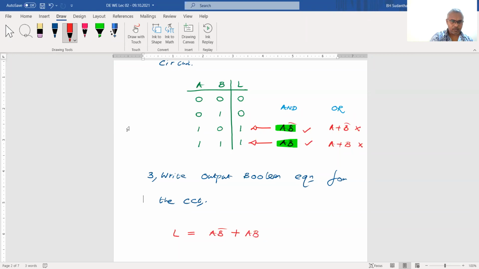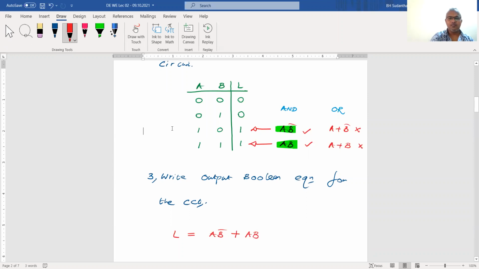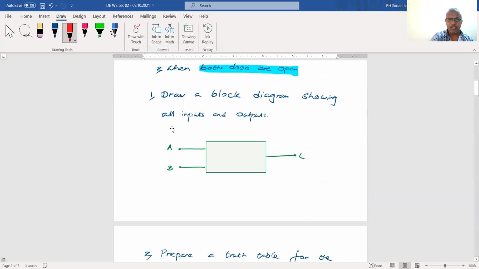Okay, one question is asked: could you please explain how we decide to take 0 when a door is closed and 1 when the door is open? In usual practice, we take it like that.